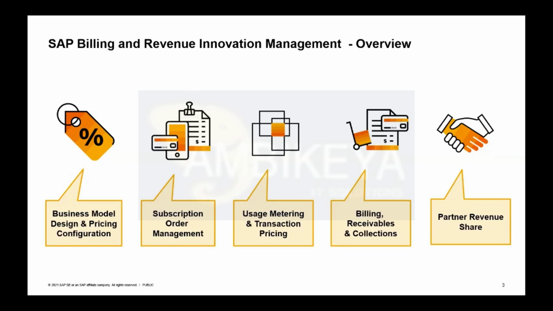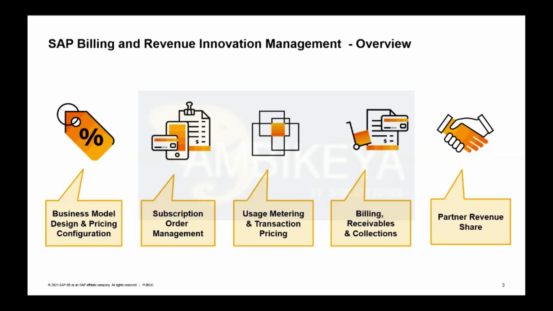We have pricing configuration here. It is possible to adapt this pricing configuration to very complex pricing constellations. In the first part, we have the subscription and order management. We are able to adapt the order management according to technical integrations, like a technical integration to a network.